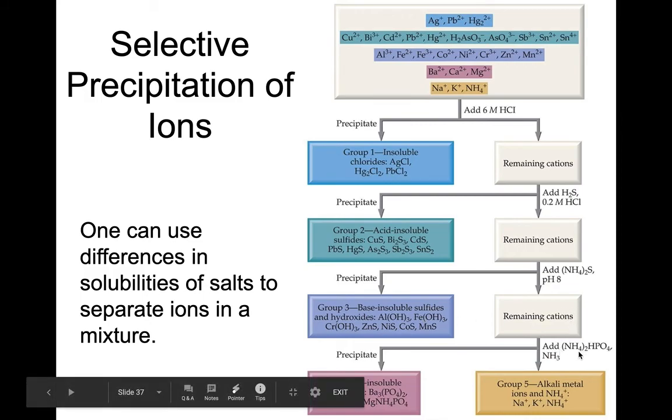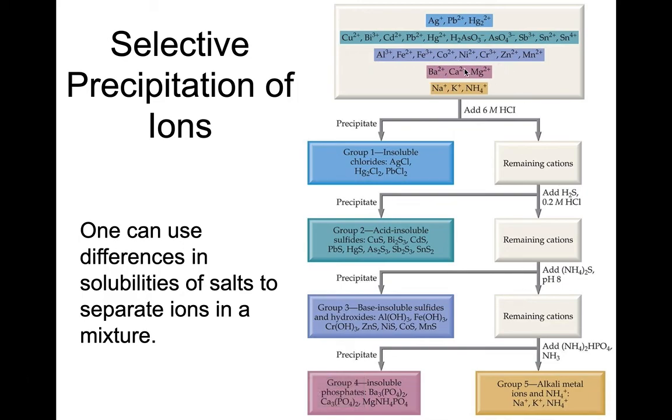We could add either of these acids to force out this last color-coded group, the insoluble phosphates. We added an acid with phosphate in it. We force out any of the salts that form with phosphate. And finally, we're left with these last couple.